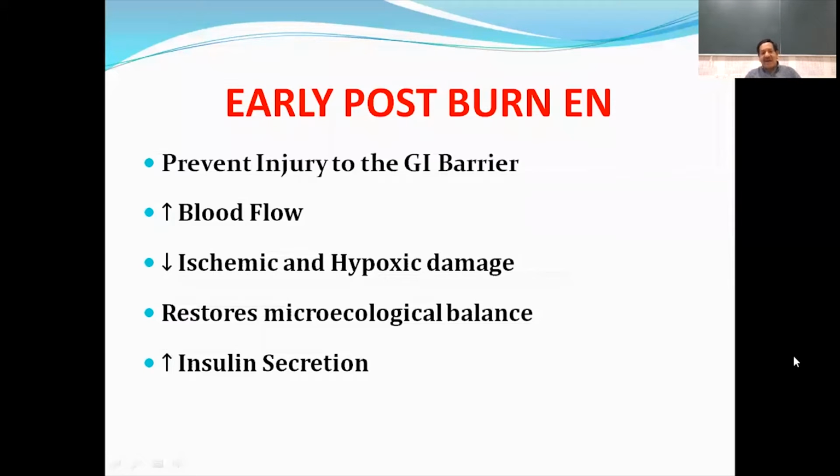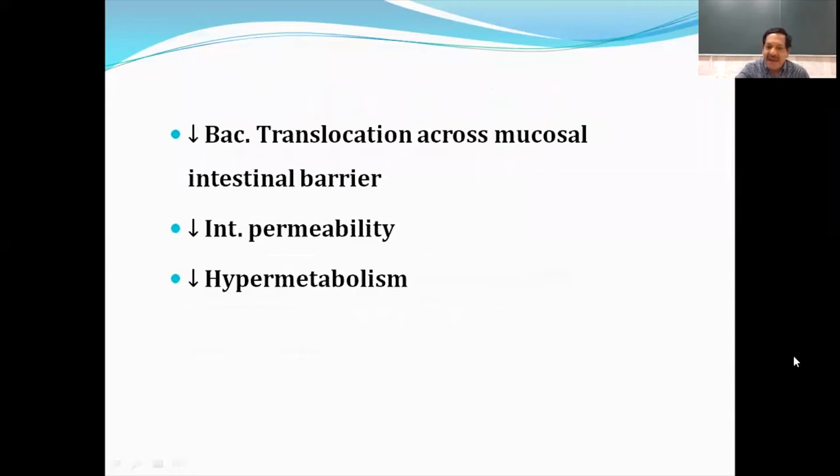It increases the insulin secretion so that the body gets repaired early. Again, early enteral nutrition decreases bacterial translocation across the mucosal intestinal barrier, decreases intestinal permeability so that fluid loss through the intestines will be decreased, and it decreases the hypermetabolism drive.